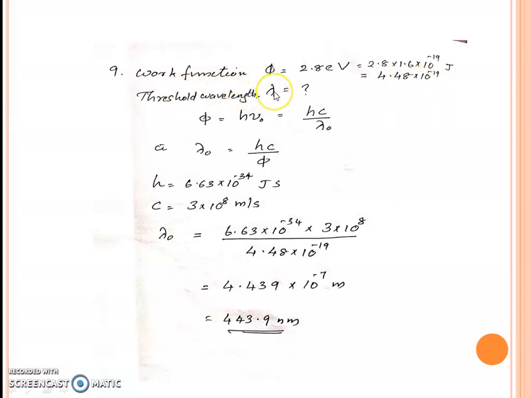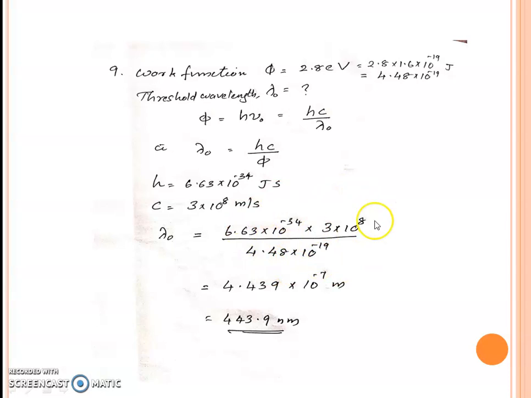Now, the threshold wavelength lambda 0 can be calculated using the equation lambda 0 equal to hc by phi, since phi is h nu 0 and nu 0 is nothing but c by lambda 0. Now, just substituting all the values, lambda 0 is 6.63 into 10 raised to minus 34 into 3 into 10 raised to 8 divided by phi, which is 4.48 into 10 raised to minus 19.